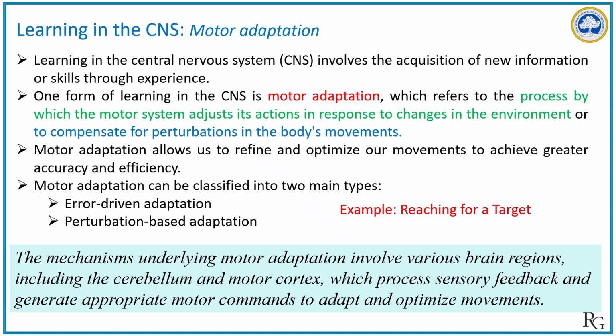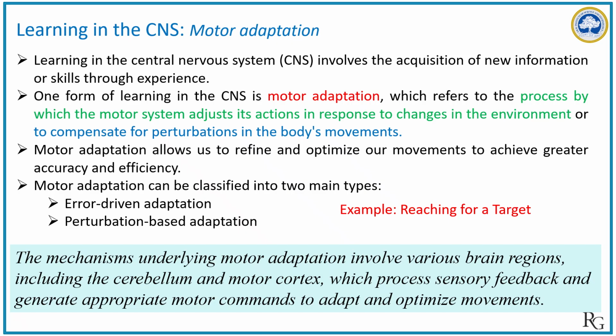Now let's look at an important concept in learning within the central nervous system, the CNS, that is motor adaptation. When we say learning in the CNS, we usually think about acquiring new skills or knowledge. But motor adaptation is a very special form of learning. It's the brain and the spinal cord's ability to adjust our movements in response to either changes in the environment or disturbances that affect our body.